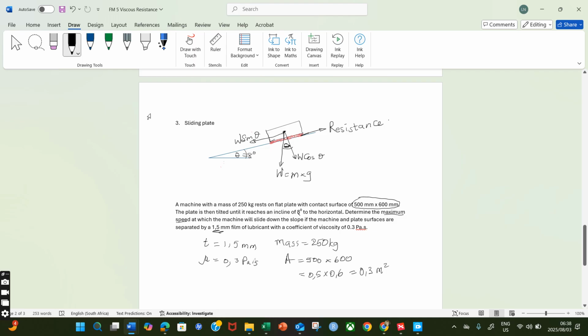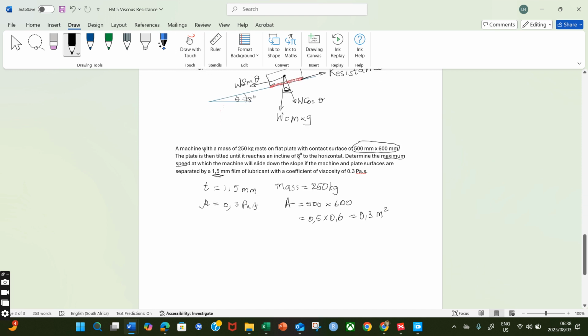So in order to calculate the velocity, we write down the formula for the viscous resistance, which is coefficient of viscosity multiplied by the contact area multiplied by V over T. We are looking for V. Then we rewrite this formula as F times T over area times viscosity. All right. Do we have the force?